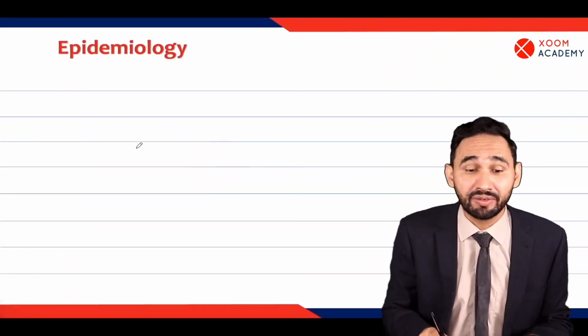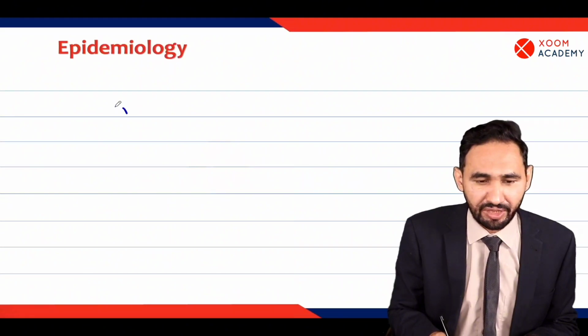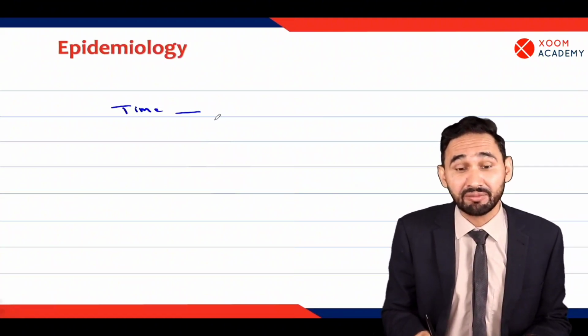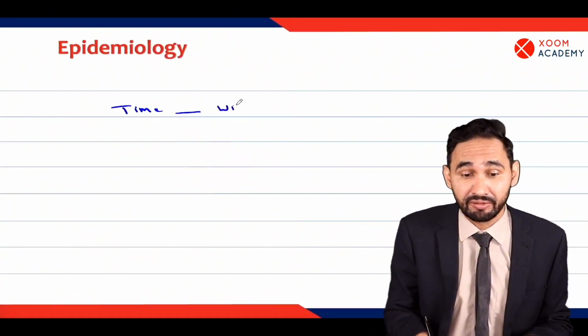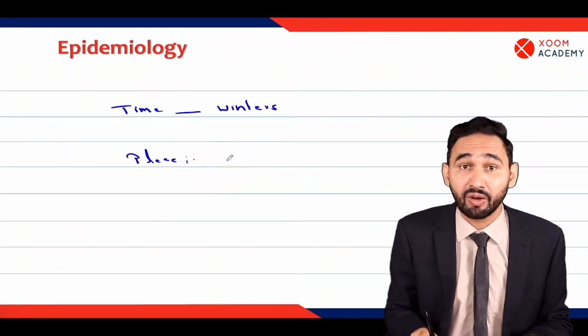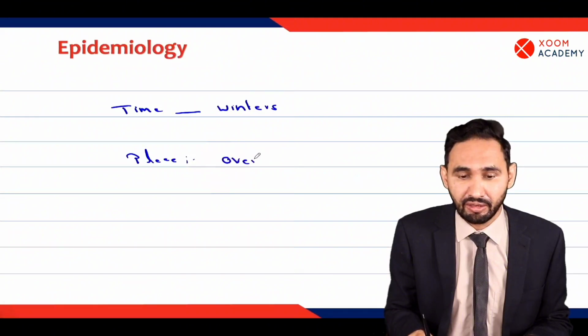This is the epidemiology of diphtheria. We start with the time when it is more common. Like all the diseases of the respiratory system, diphtheria is more common in winter season. Place. It is common in overcrowded places. Overcrowding is the main feature.